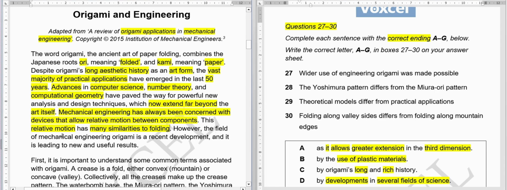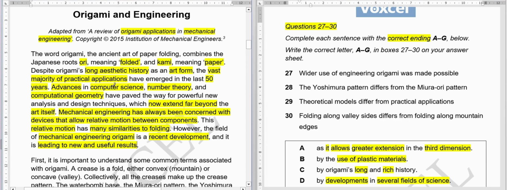It's quite a modern development, and we are getting results out of it. They are new, but these results are useful.